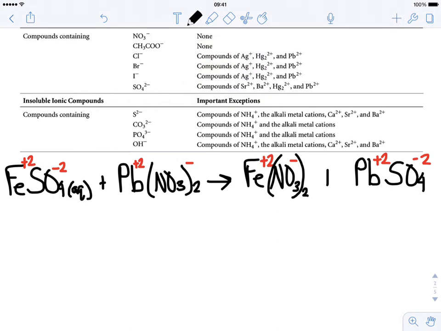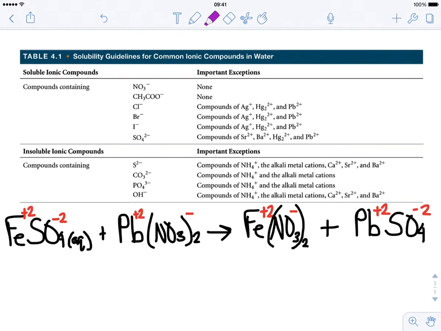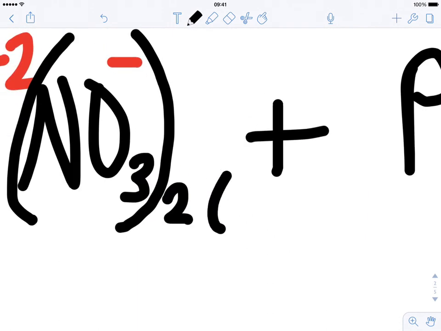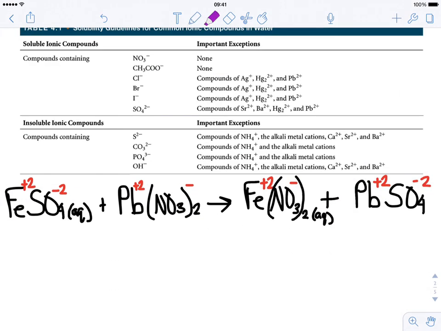Now we need to figure out, do either one of them form precipitates? So let's look at our anions. The first anion we can look at is nitrate. Nitrate is right here. And according to the table, it's generally soluble, and it has no exceptions. So that means that in this reaction, this product with the nitrate is soluble, meaning it's aqueous. All right, now let's look at our other anion, sulfate.